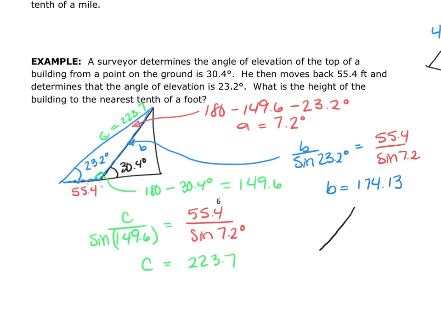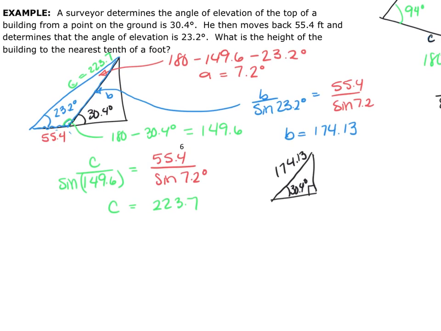Now, I can go back to the right triangle stuff. So now I'm going to redraw my black triangle. This is a right triangle. This is 174.13. This is 30.4 degrees. And now that I have solved it this way, I can go back to my right triangle trig, and I know that the sine of 30.4 degrees is going to give me this y value over 174.13.